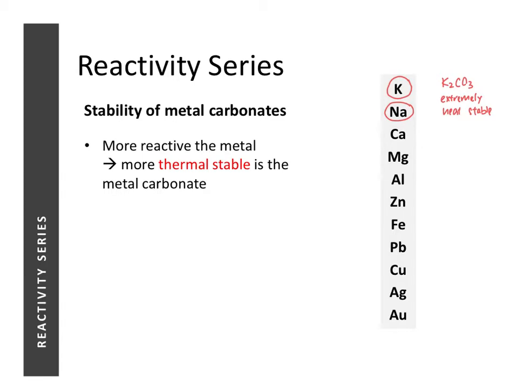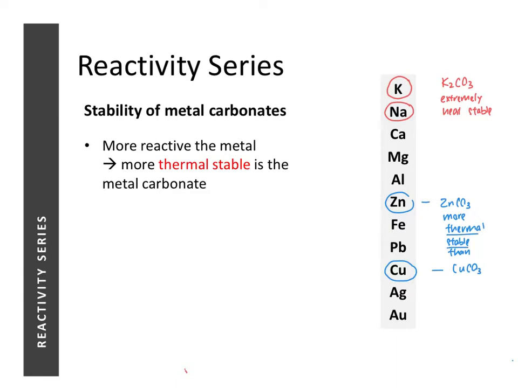The rest of the metals, for example, if we were to compare zinc carbonate versus copper 2 carbonate, okay, zinc is more reactive than copper. So when we compare zinc carbonate with copper 2 carbonate, zinc carbonate will be more thermostable, will be more thermally stable than copper 2 carbonate. Okay, so practically what does it mean when it's more thermally stable?